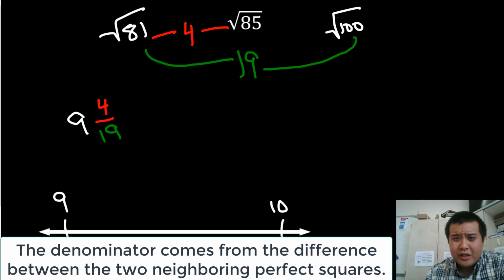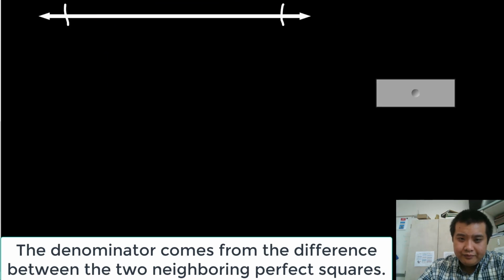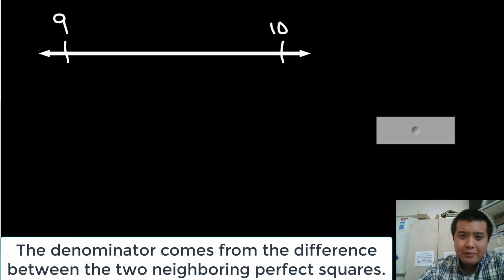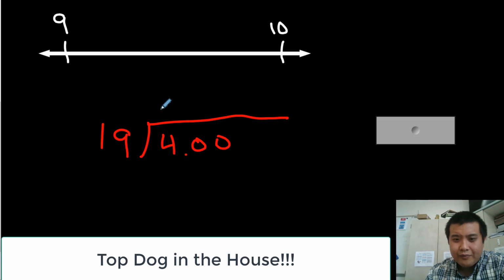We said we're going to find the decimal form of this, so let's go find it. Again, top dog in the house, so we put 4 in the house, and we put 19 out here.